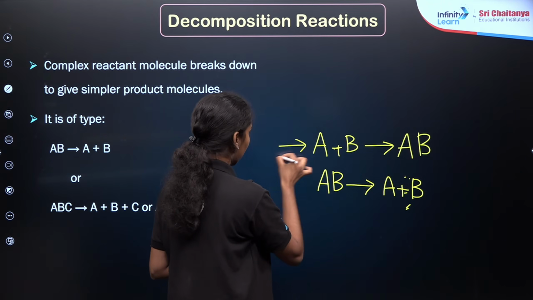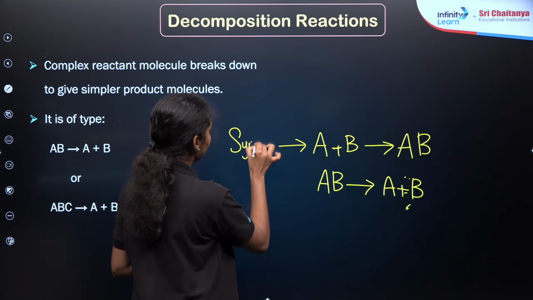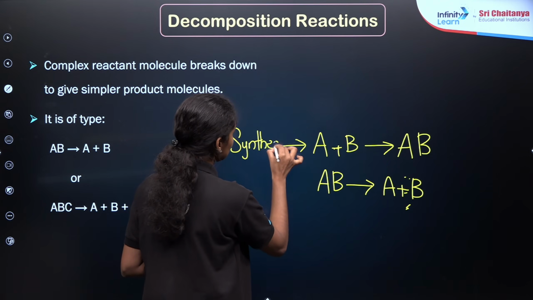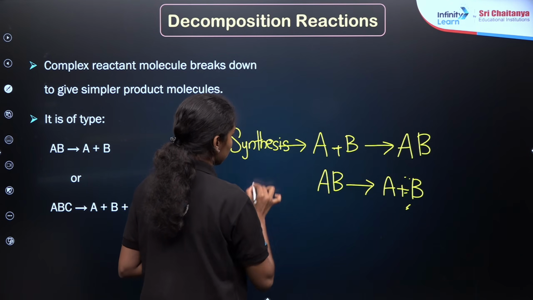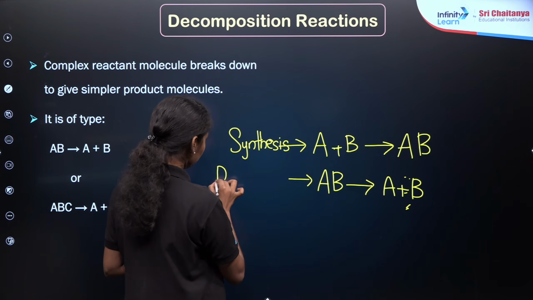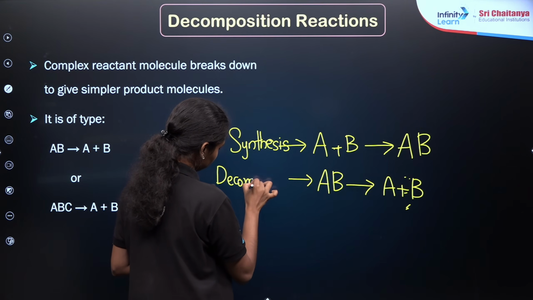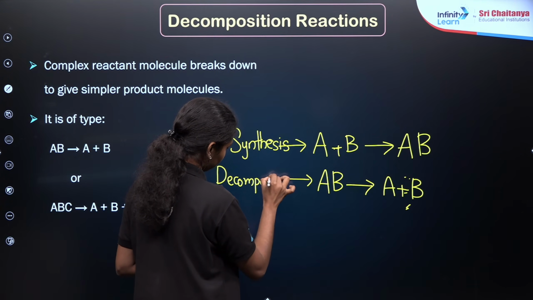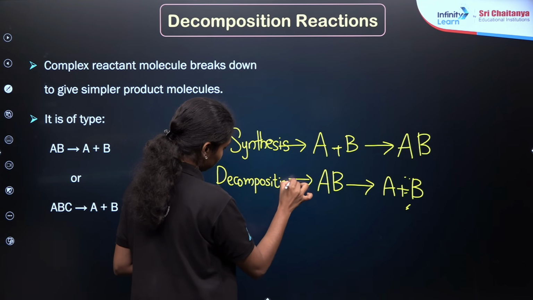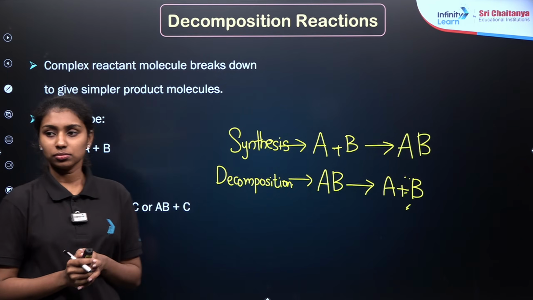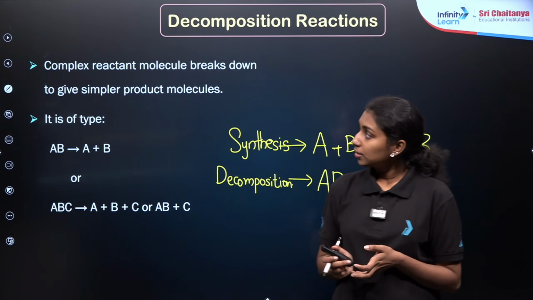So this is a synthesis reaction and the second one is the decomposition reaction, right? This is just the opposite of the first reaction, the combination reaction. Is that clear?